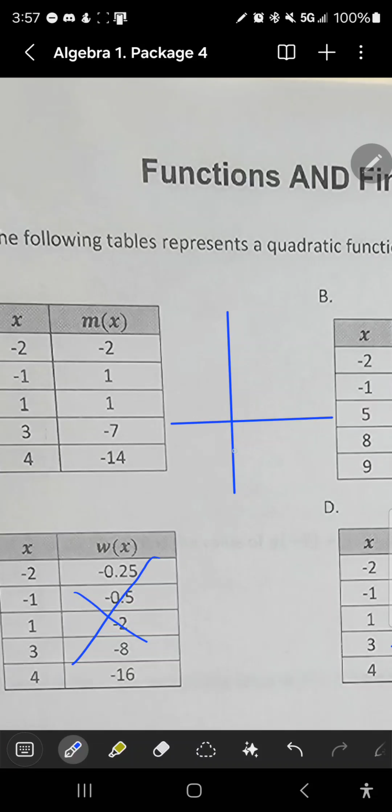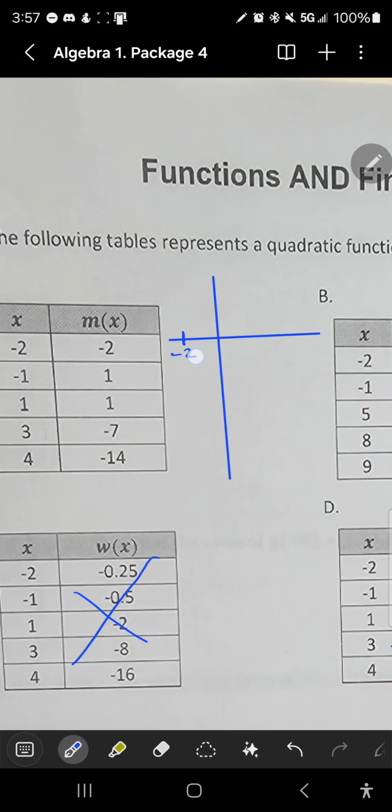So, whoa, I actually need more negative part.